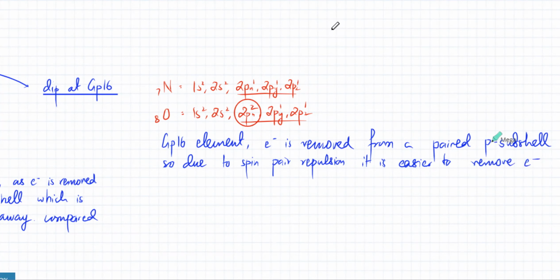While for the group 15 element, electrons are removed from a half-filled p subshell and there is no spin pair repulsion.